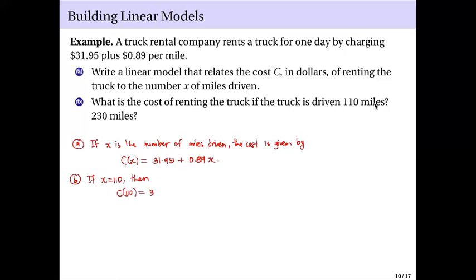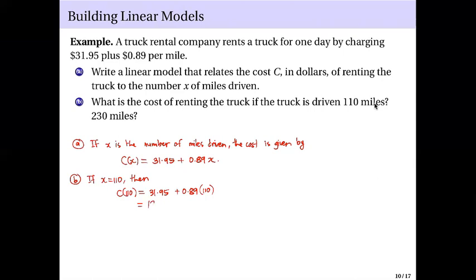This is equal to 31.95 plus 0.89 times 110. And please calculate this. Let's see, 110 times 0.89 plus 31.95.